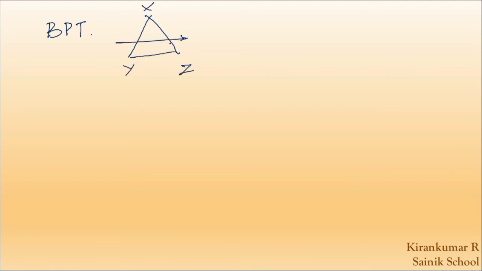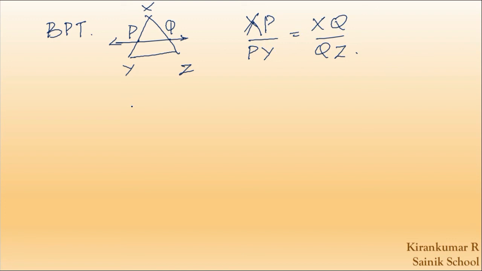If you draw a line parallel such that the other two sides are intersected at distinct points, then the ratio XP upon PY will be equal to XQ upon QZ. And we have seen the corollaries. XP upon XY will be equal to XQ upon XZ.